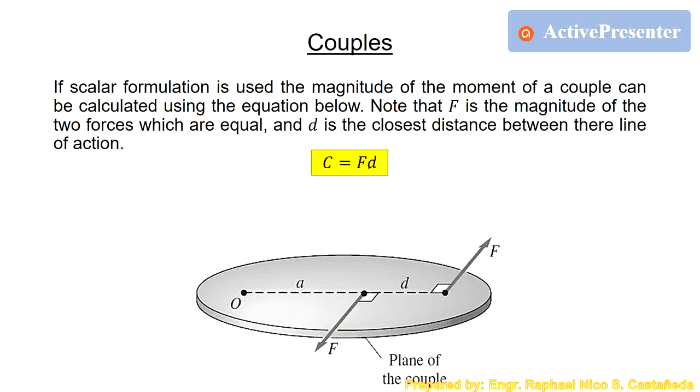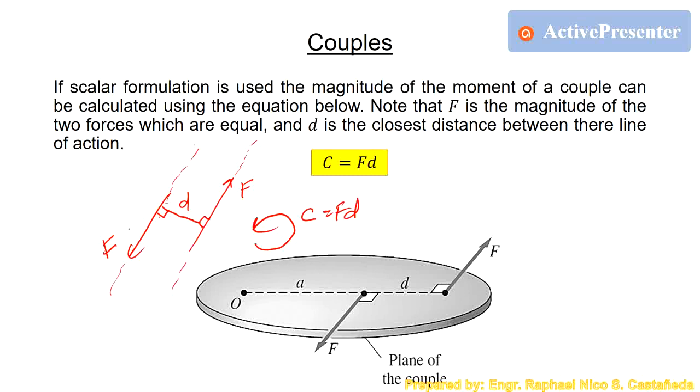Then D is the closest distance between the two forces, or the distance between the lines of action of the two forces, because it is perpendicular to both lines of action. So the couple here is something like this: couple is equal to force times distance. Its sense may be counterclockwise or clockwise depending on the direction of the two forces.